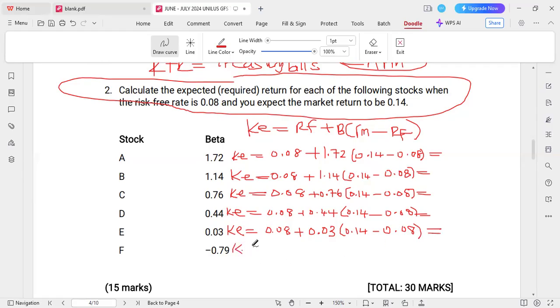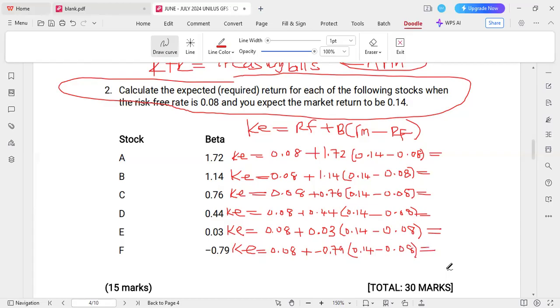Then here our KE is equal to 0.08 plus negative 0.79 on 0.14 minus 0.08. So we can find answers here.